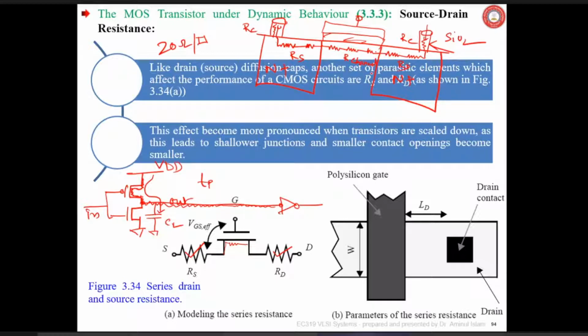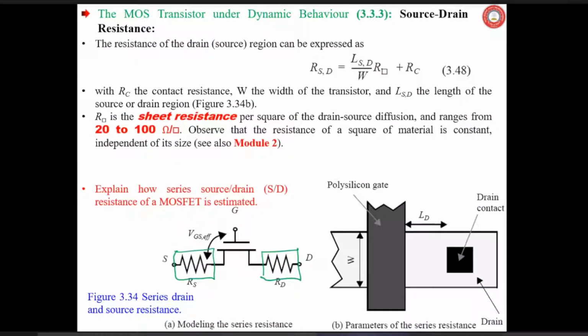So: channel resistance, drain or source diffusion resistance, plus contact resistance. All three are involved in charging and discharging. Hence the delay will increase because of these resistances, and circuit speed will be low. Do you understand, Prajwal? Yes, sir. So it is important.